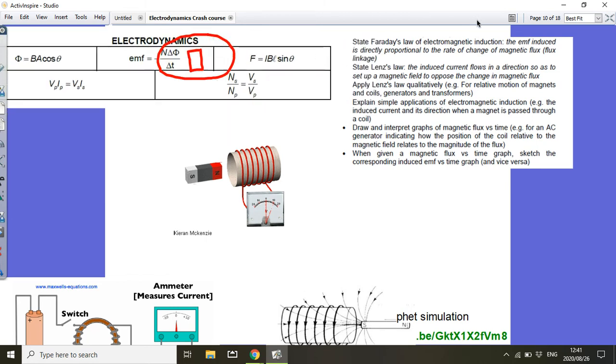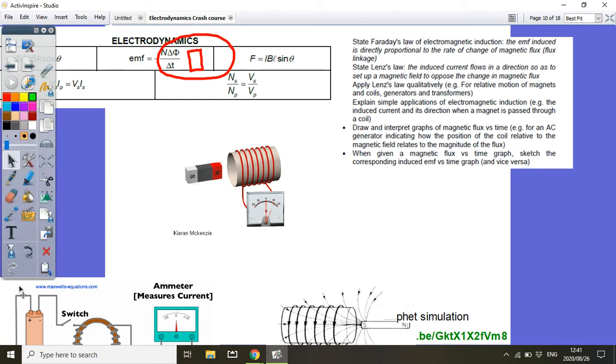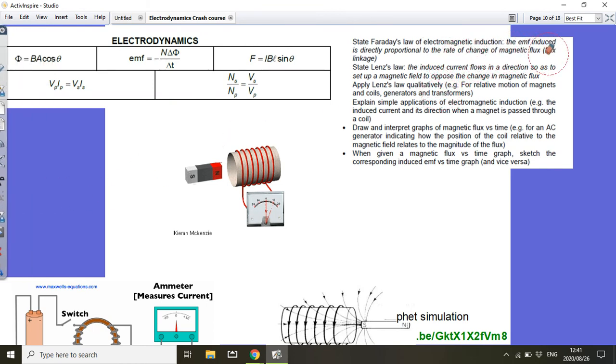If you read it, it says the induced current. Now remember, the induced current is because of the induced voltage. There isn't an original current, so it's the current that you are making, flows in a direction as to set up a magnetic field. So that means you are making a new magnetic field, not an existing magnetic field, to oppose the change in magnetic flux.